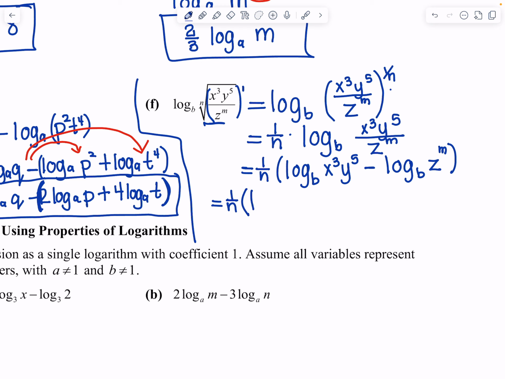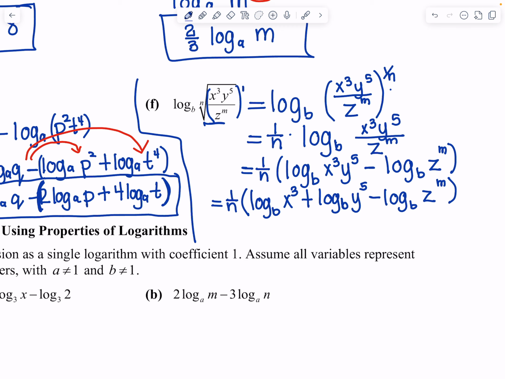Then we have log base b of x cubed plus log base b of y to the fifth. That's how you break down multiplication. And all we have to do is attach this part right here, because we already broke that down. We just bring that down: minus log base b of z to the m. Now we have to put that in parentheses, right?